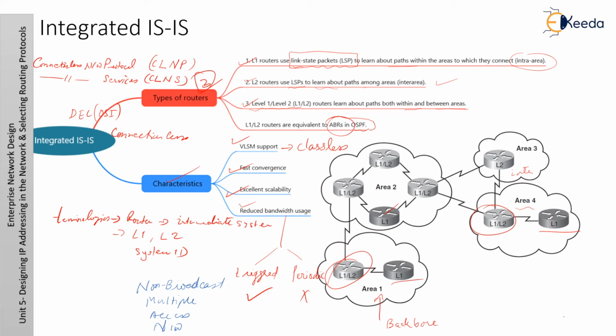Integrated ISIS offers inherent support for LAN and point-to-point environments only, whereas NBMA point-to-multipoint environment support is not included. In an NBMA environment, point-to-point sub-interfaces must be established for correct integrated ISIS configuration or operation.